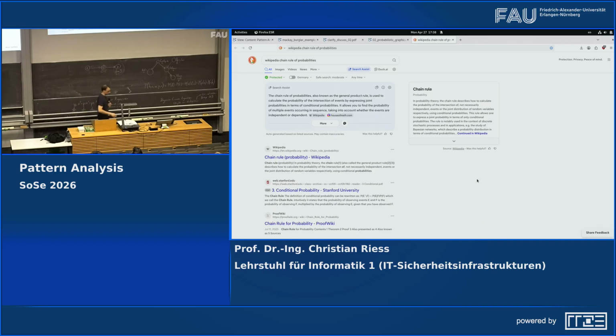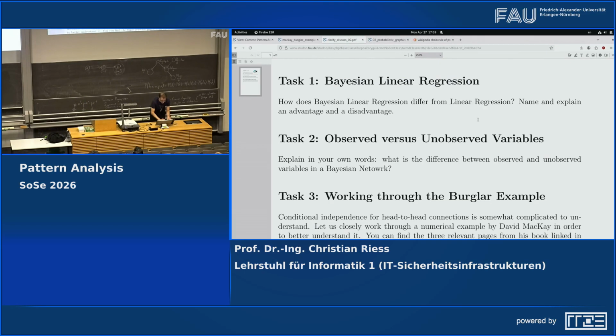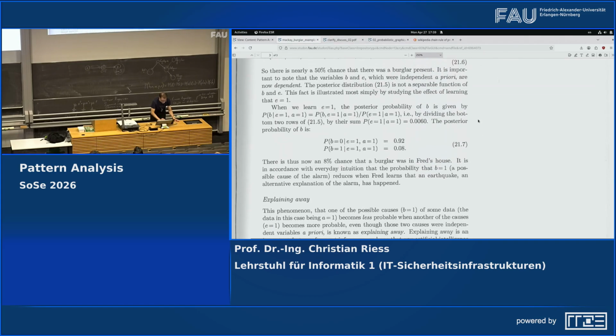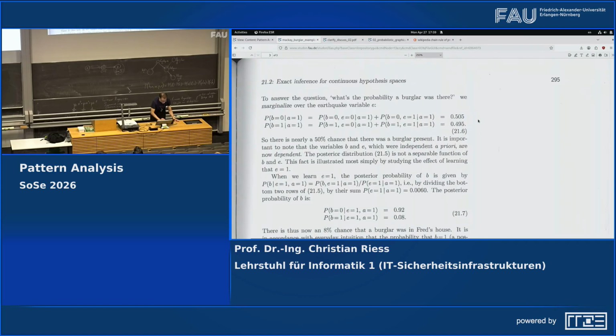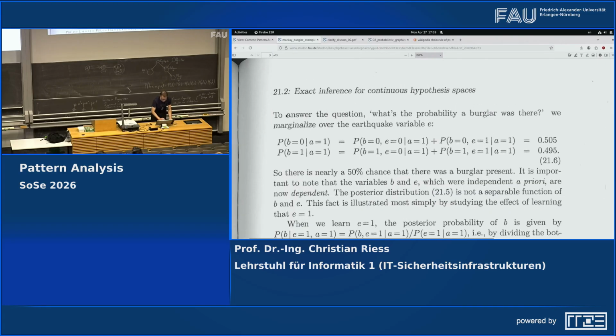We have it right here, in our example of the earthquake. So here's a marginalization over the earthquake. Marginalization means we want to have a probability that does not contain a certain variable.